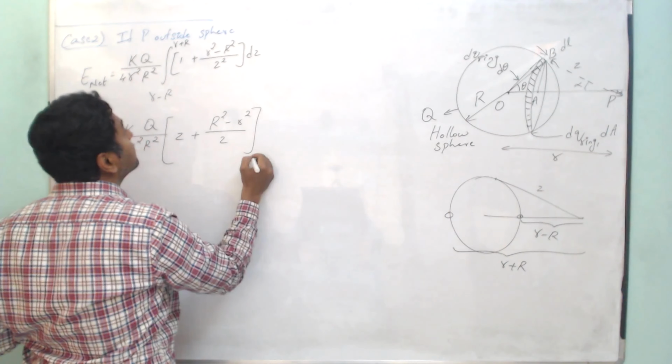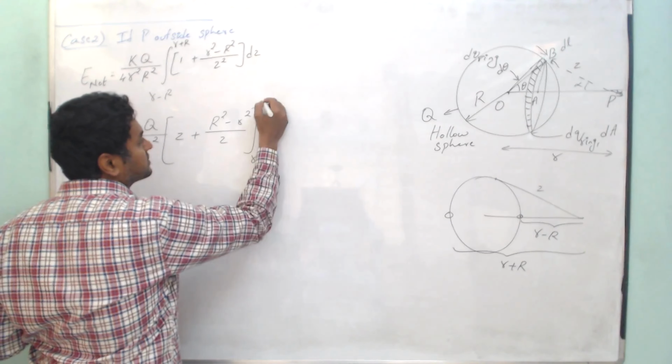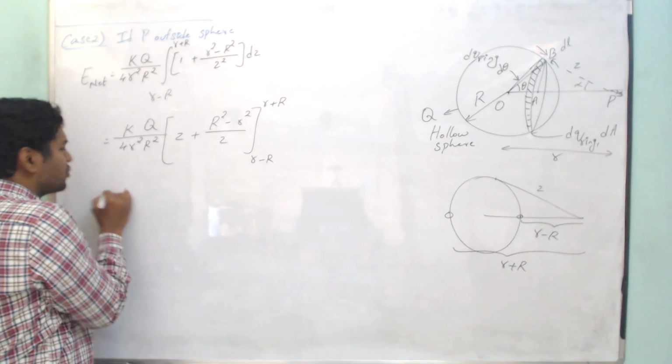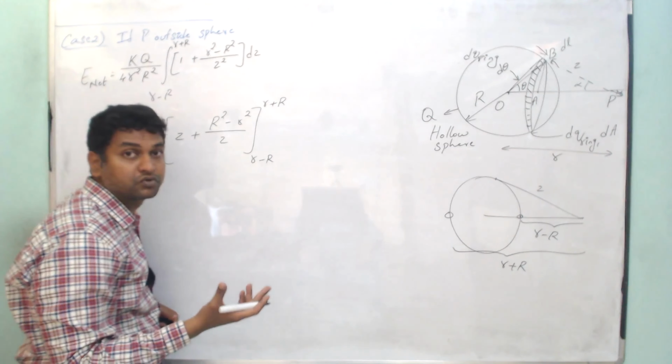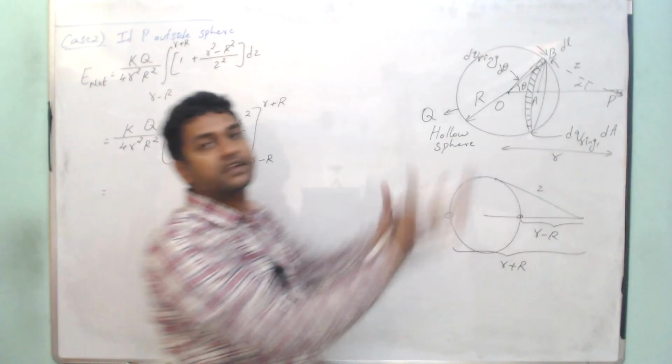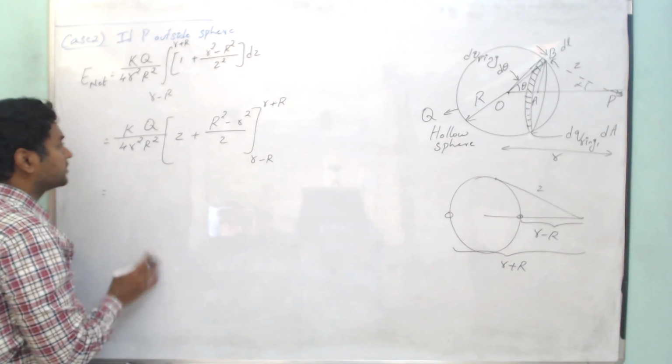And limits from small r minus capital R to small r plus capital R. Now substitution of limits. Obviously this I should not get 0, because all vectors are adding in one direction. I should have something, right?